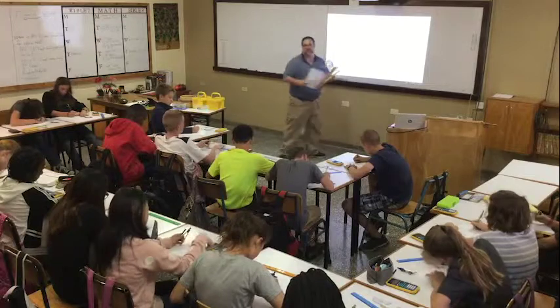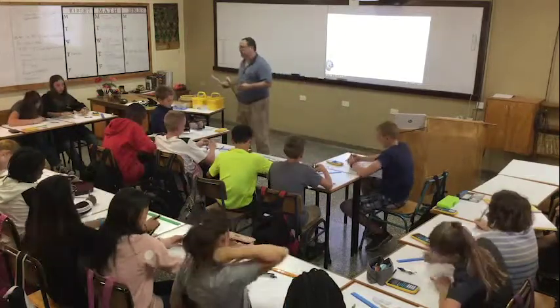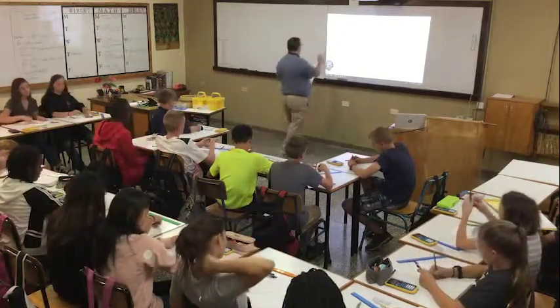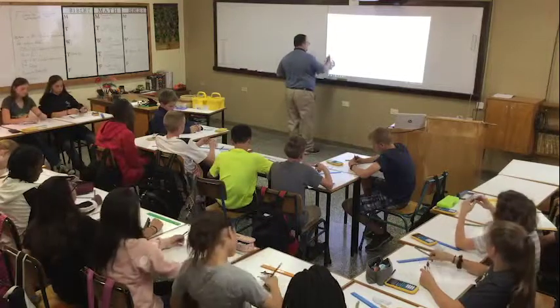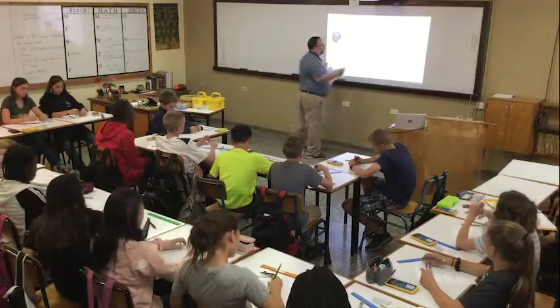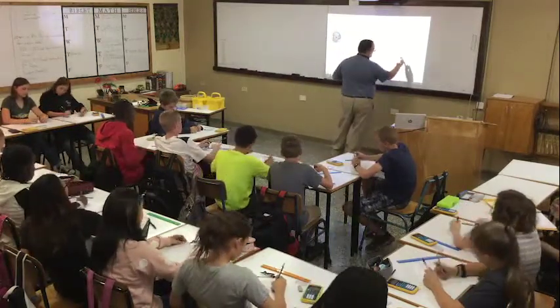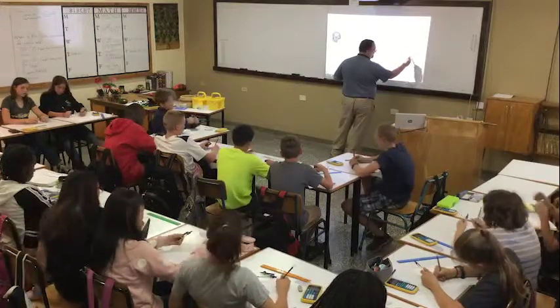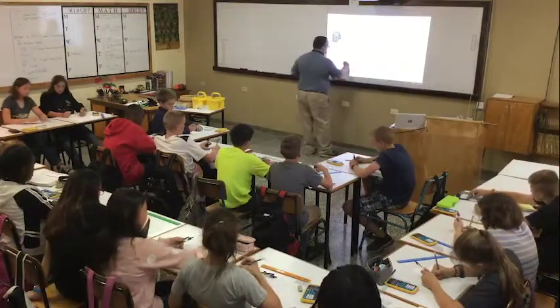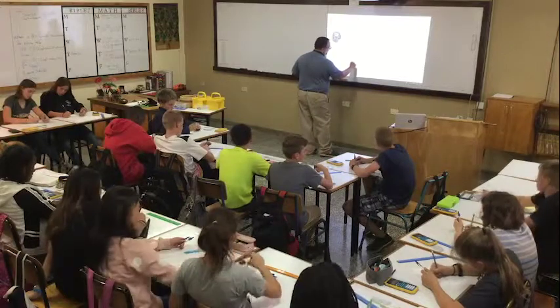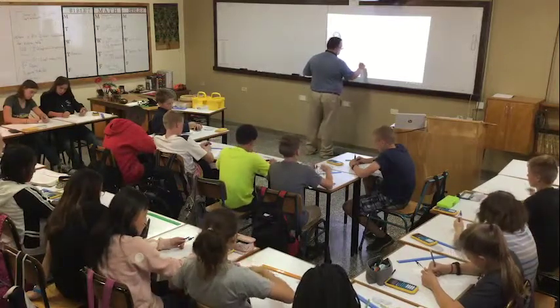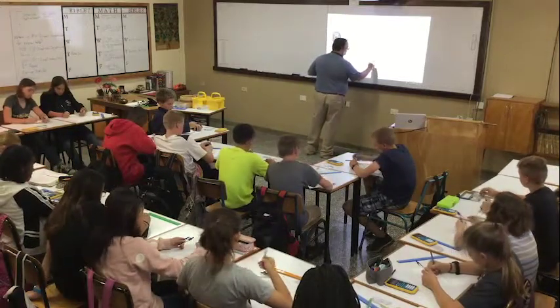Here's what I want you to do when you draw this second arc. Make sure, and I'm going to put this in a different color because it's really important, make sure your two arcs cross each other.